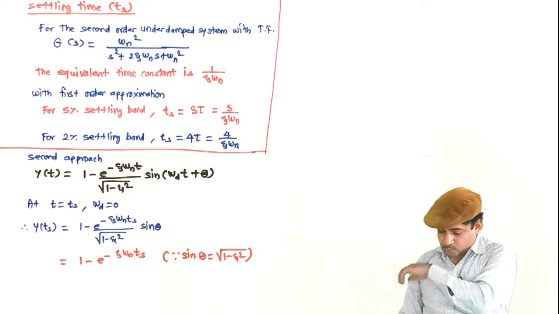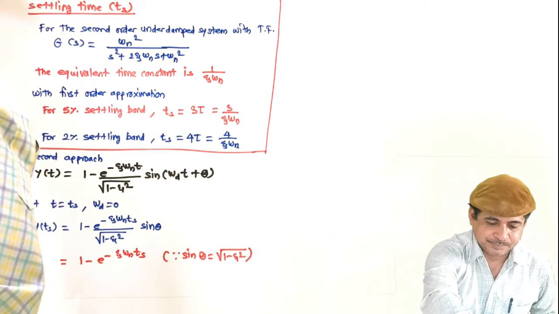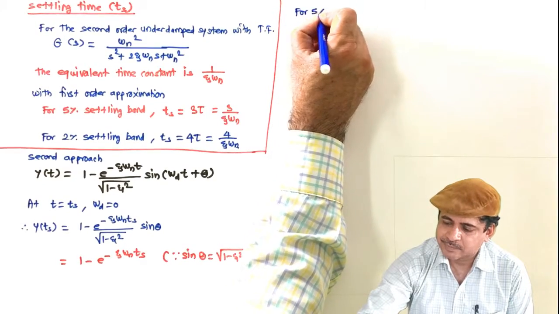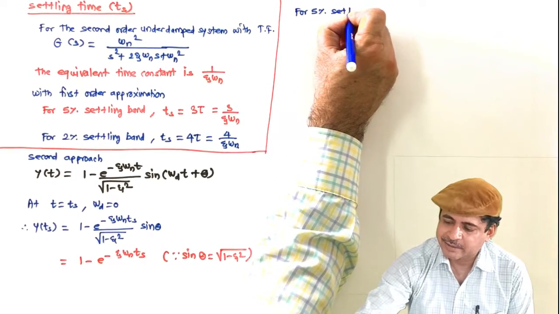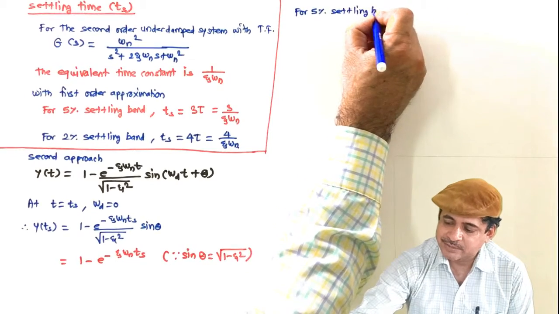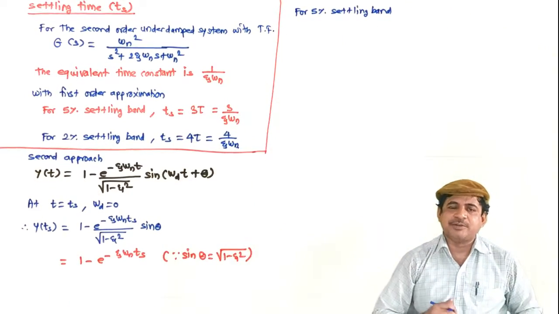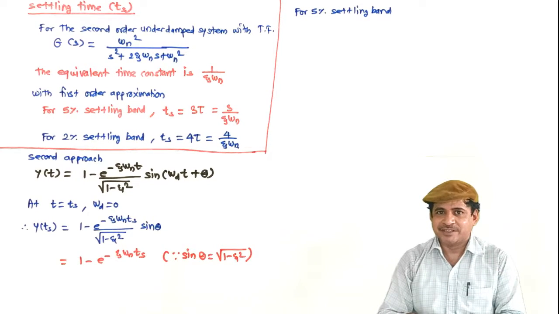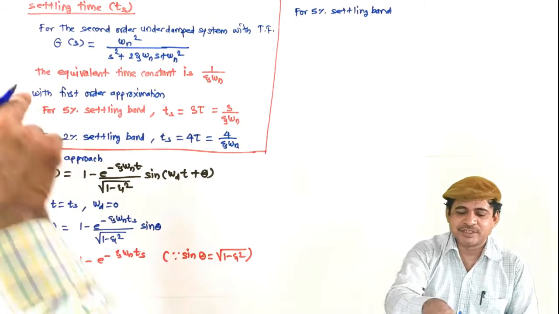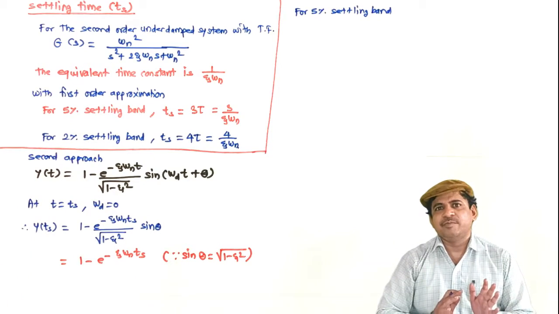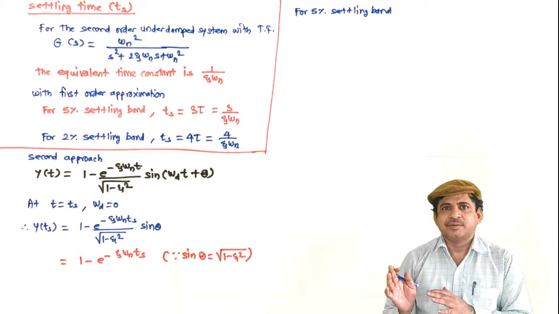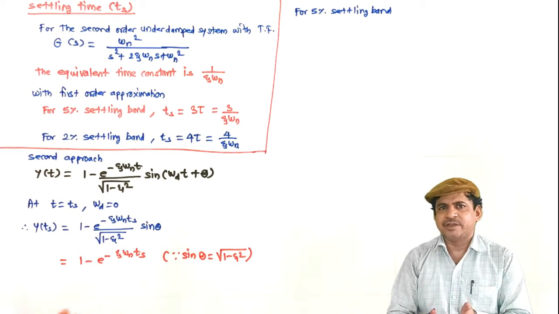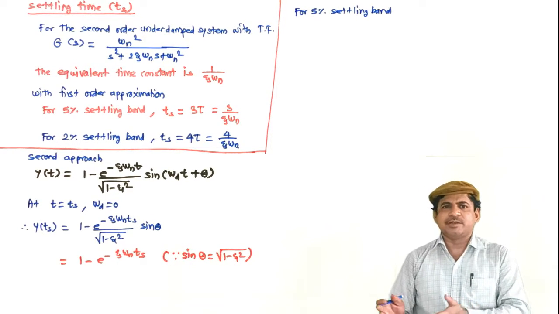And now we will make use of this expression. So for 5% settling band, the assumption is that the first time it enters, it never crosses that band, and the same assumption is made here. That will not be valid always, but at least it gives some guideline about what the settling time will be.